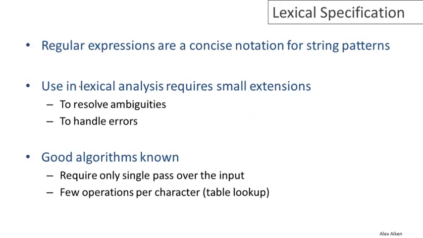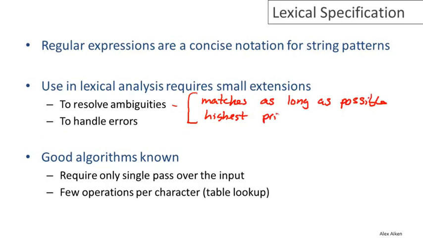To wrap up this video, regular expressions are a very nice and concise notation for string patterns, but to use them in lexical analysis requires a couple of small extensions. So in particular, there's a couple of ambiguities we have to resolve. We want our matches to be as long as possible. So we take as much input at a time as we can, and we also want to choose the highest priority match.